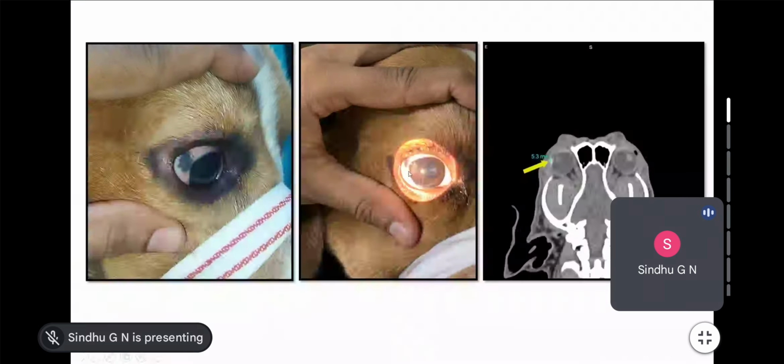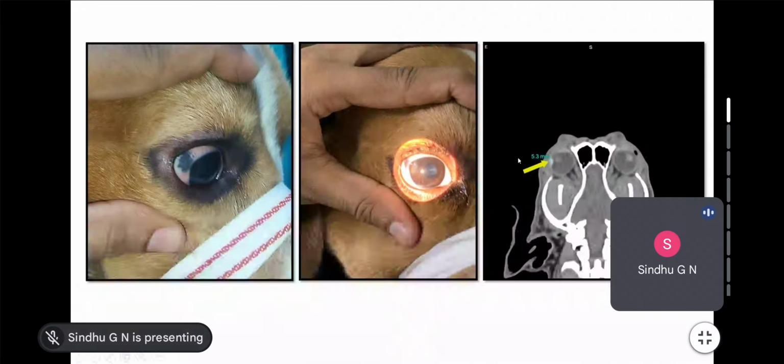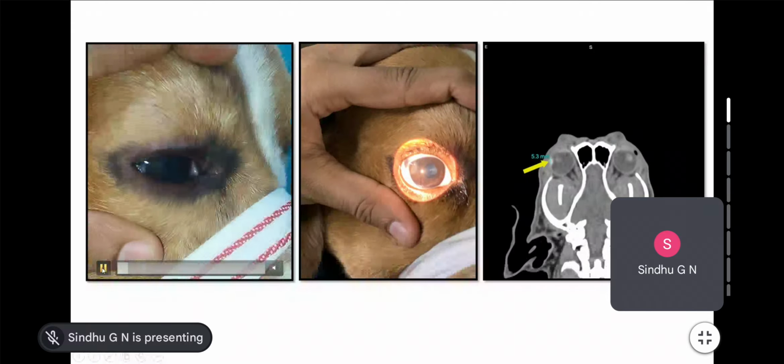Then we referred for a CT scan, and we could find a 5.3 millimeter growth in the uvea. It was a melanoma, so we had to do enucleation for that. It was just a small patch of pigmentation which started spreading and affecting the cornea also.